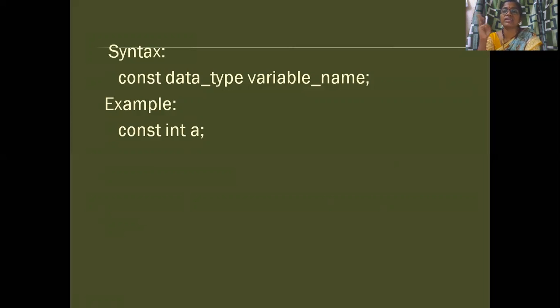And what kind of data can it store? It can store only integer values. Here a is also an integer, but it is constant. The value of a cannot be changed. So a will hold a fixed value, right?